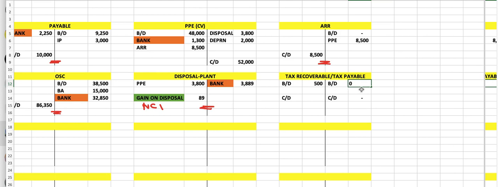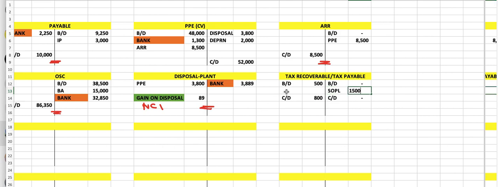So kosong and then the CD is 800. Okay, so dapat tu. So we need to identify, okay, apakah tax expenses, the one that you transfer into SOPL. Itulah yang diberi pada soalan tadi. Dia kata tax expenses is 1.5 million.